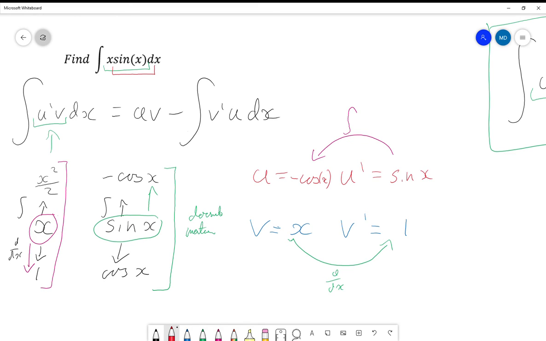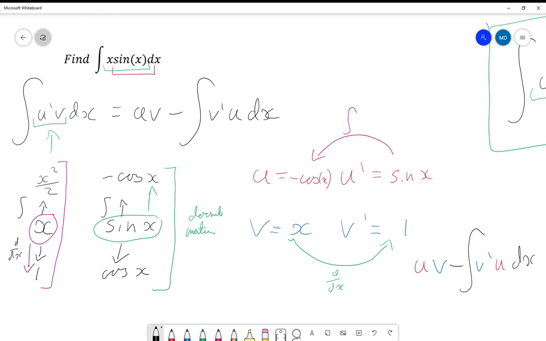And now it's just a matter of substituting it into the formula. So our formula gives us uv minus the integral of v dash u dx. And now we just plug those in, and we've got them nicely listed out.